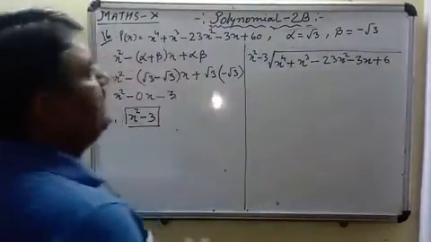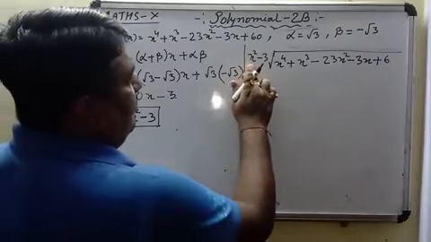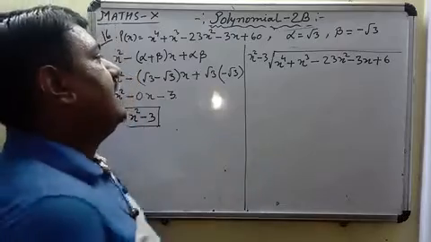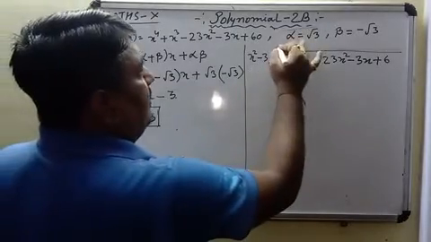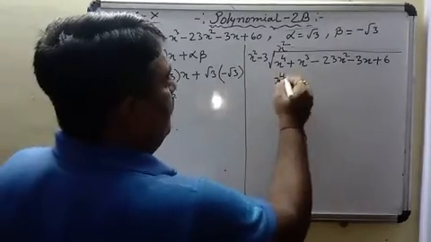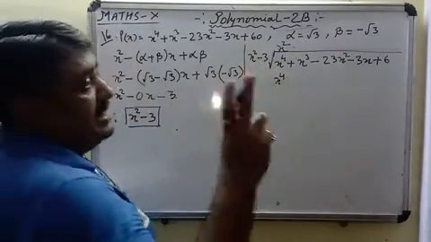Now we are having x square and we have to make it x power 4. For this we have to multiply x square with our x square. X square into x square, x power 4. X square into minus 3, minus 3x square.